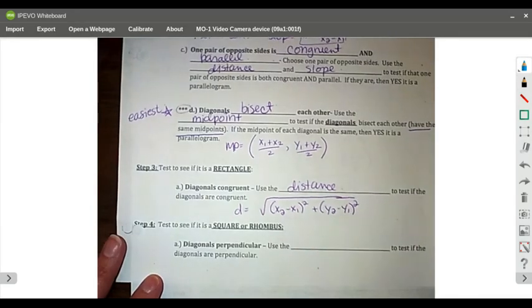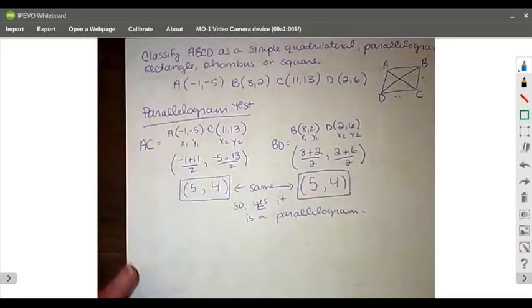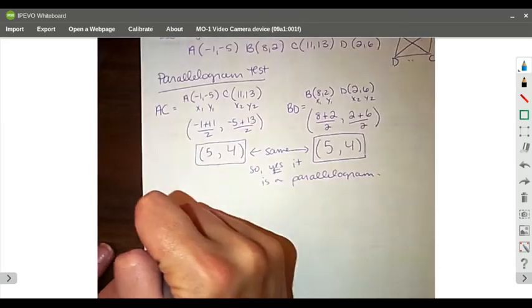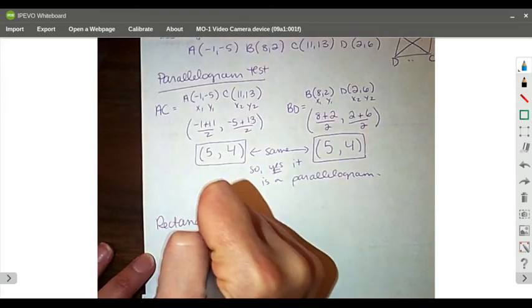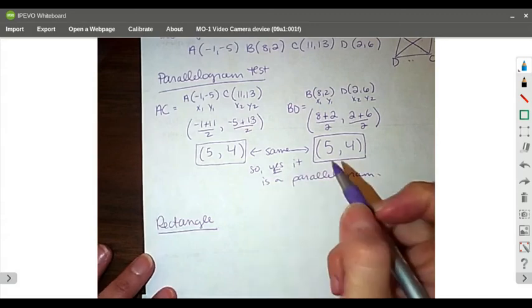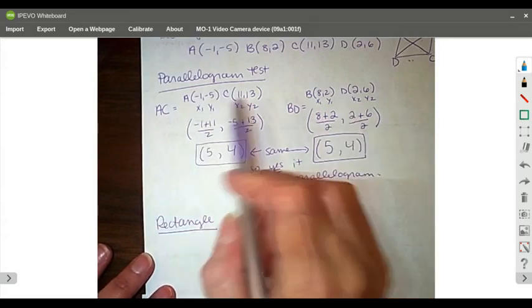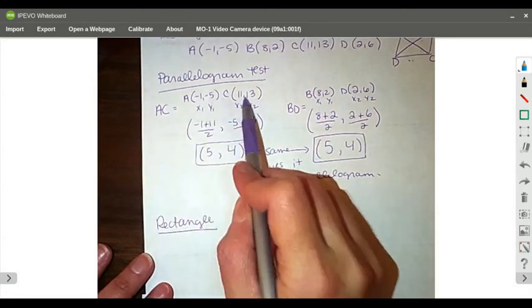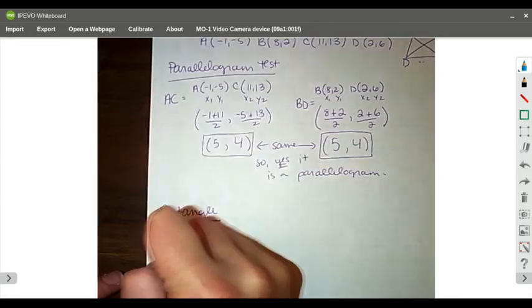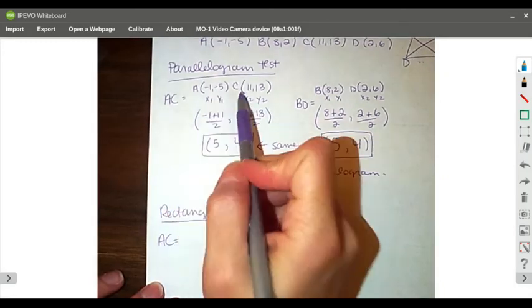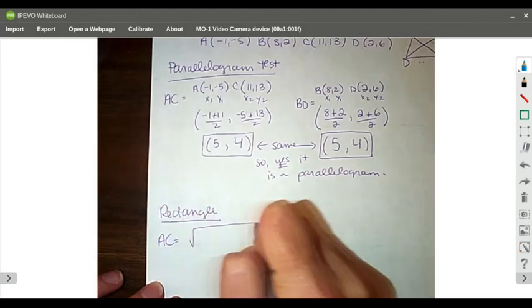Okay, so now I'm going to switch over to the other paper and do the rectangle test. Since I'm using the diagonals the whole time, AC and BD, I don't have to rewrite A and C and label them. I'm just going to write AC like this, and use these labels to plug into my distance formula.